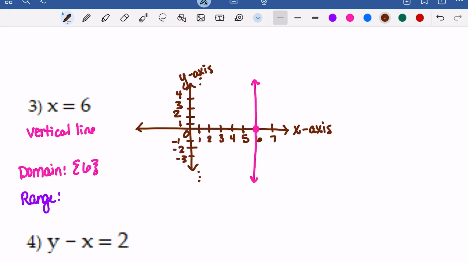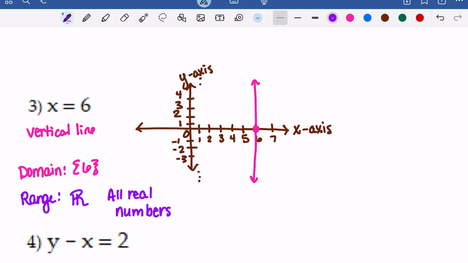To represent forever, we could say that's everything. And in math, everything is all real numbers. So this is all real numbers. Sometimes that is the case. You might get all real numbers because it's everything. Every y value is included there.